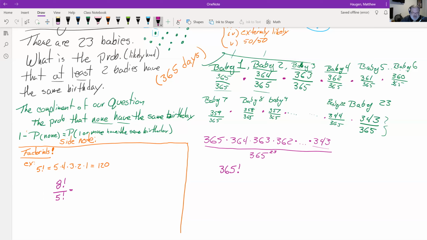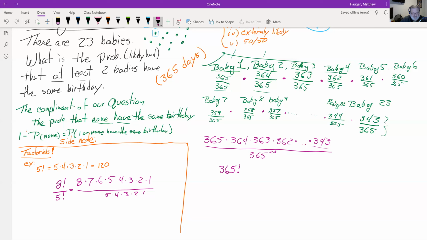But I want to look at what's mathematically actually happening here. 8 factorial is 8 times 7 times 6 times 5 times 4 times 3 times 2 times 1. That's the definition, again, of factorial. 5 factorial is 5 times 4 times 3 times 2 times 1.